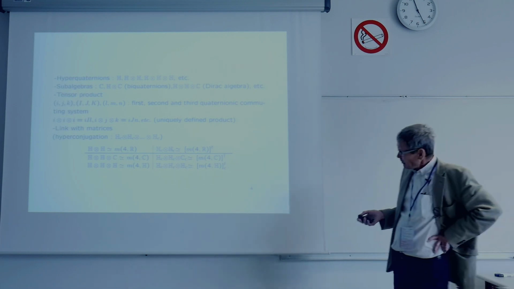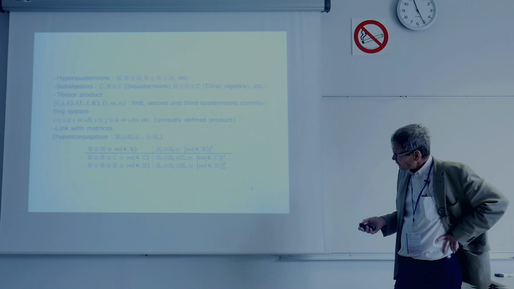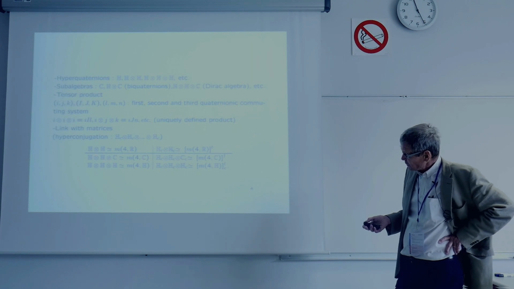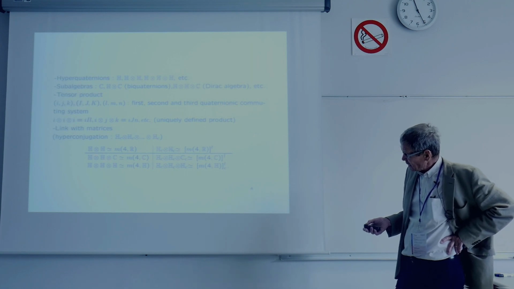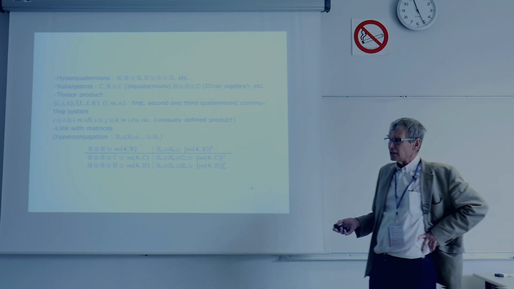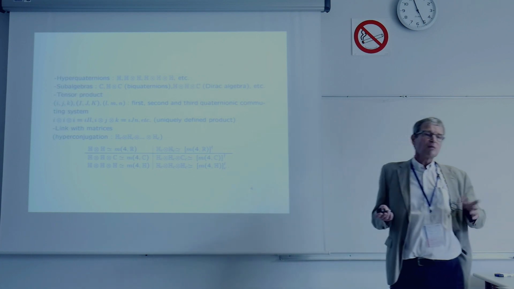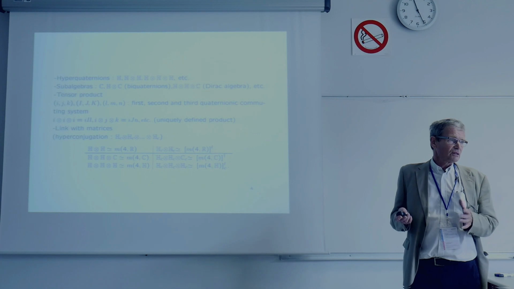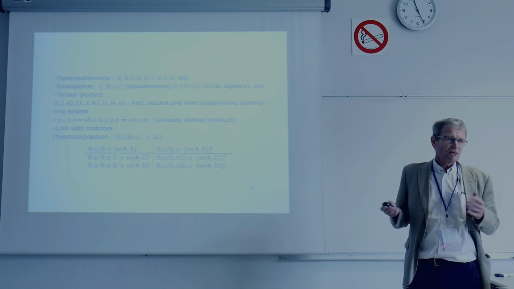So we get here HHC, which is M4(C), and HHH, which is M4(H). So we get all real, complex, and quaternionic matrices. We have a huge mathematical range for hyperquaternions.